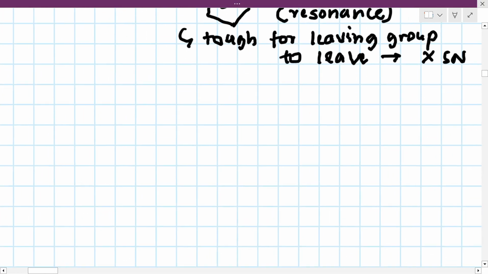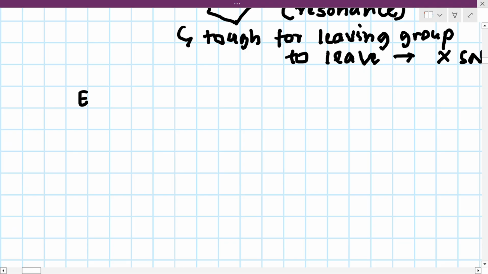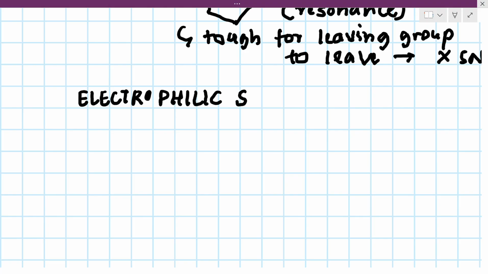But they have electrophilic substitution. They have electrophilic substitution.